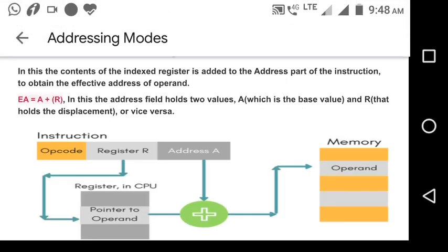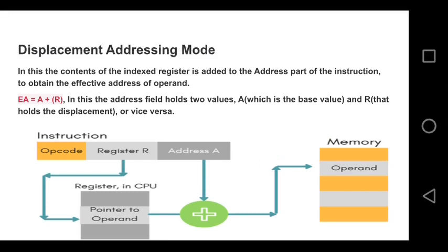Next we have displacement addressing mode. This is a very important addressing mode. In this mode, the content of the index register is added to the address part of the instruction to obtain the effective address.